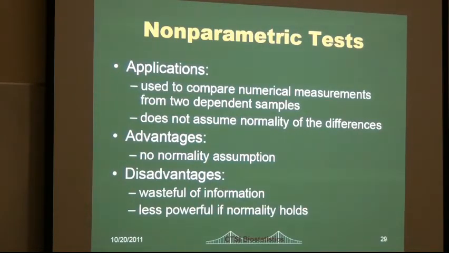The advantage is we don't have to assume normality for the differences. The disadvantage is a nonparametric test has lower power, so you waste some of the information without assuming the form of the distribution. Another disadvantage is if the distribution is really normal, you have less power, so you waste information.